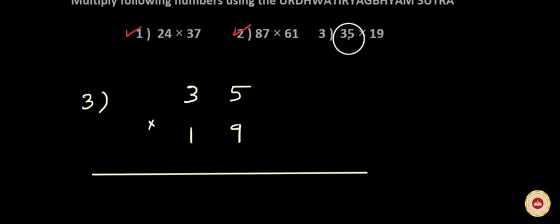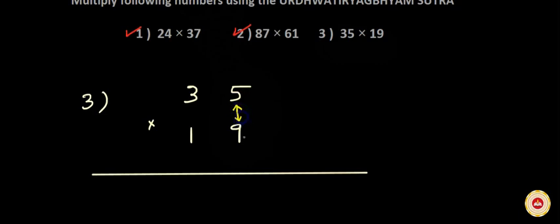Third example, 35 multiplied by 19. Now let us start. Consider the rightmost column and multiply vertically the digits in the rightmost column.